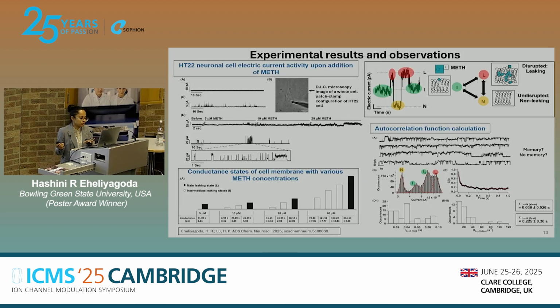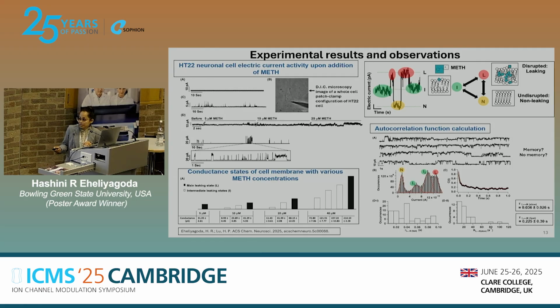We can do more analysis. We actually found these small molecules are capable of increasing the electric activity of the cell membrane. Here are some of the trajectories showing that they can cause electric leaking and an increase in conductance states.